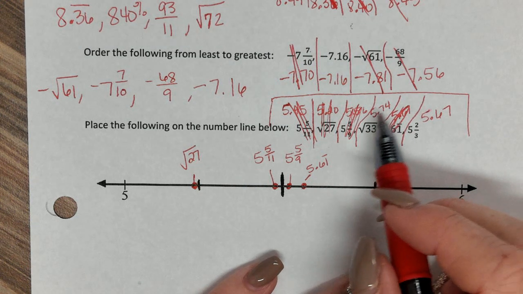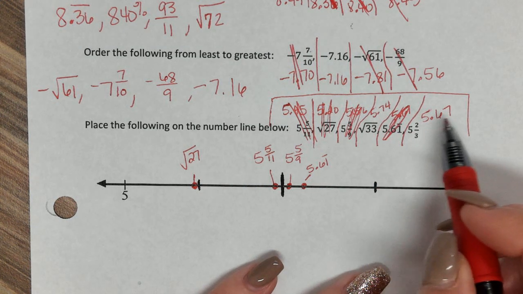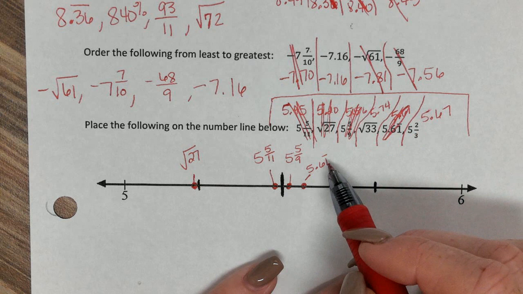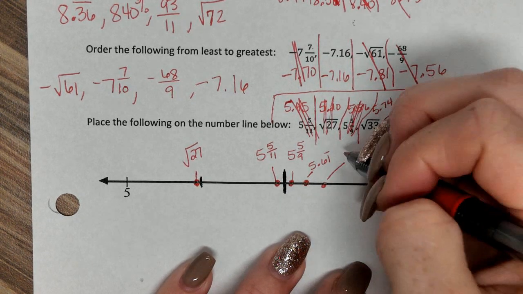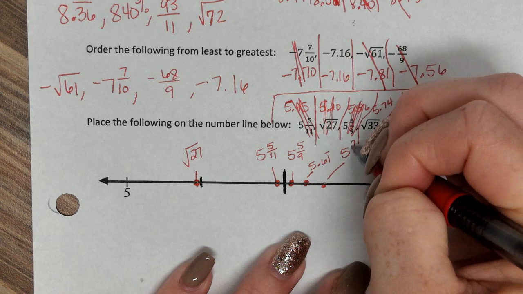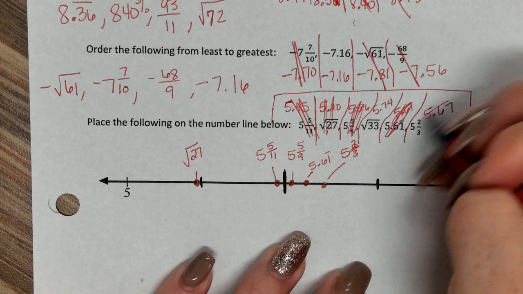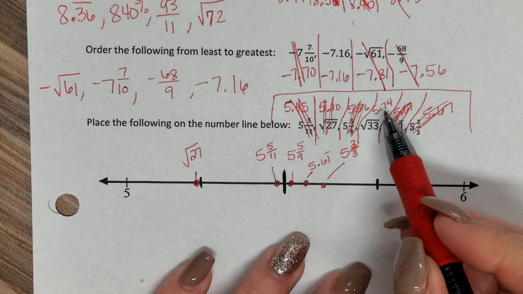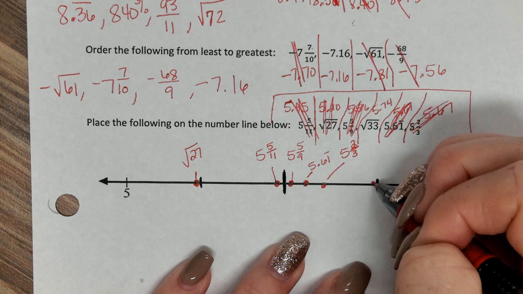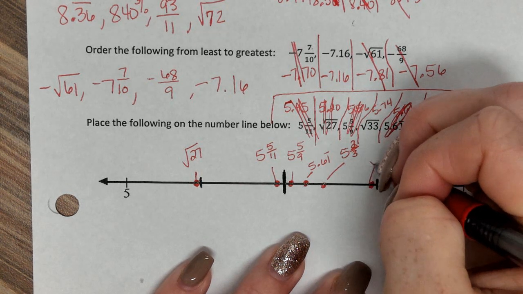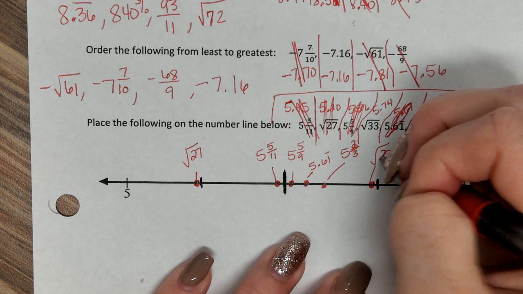All right, $5.67. So it's got to be to the right of this, the 5 2/3. And the last one is $5.74. Well, what is this? $5 and 75 cents. So it's going to go right to the left of it. And I'd be done.